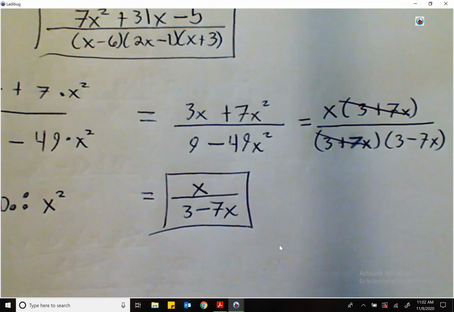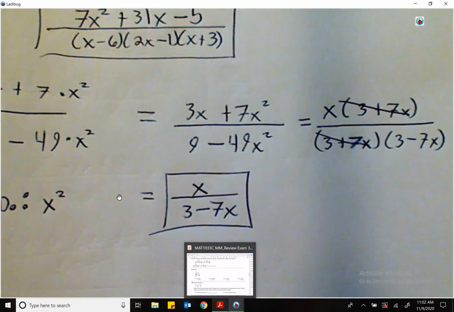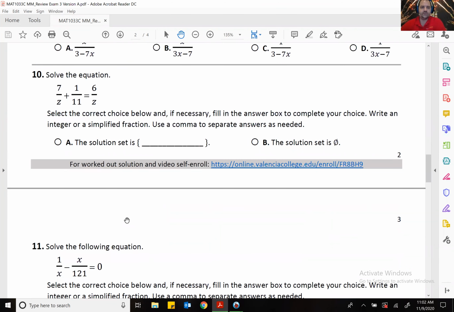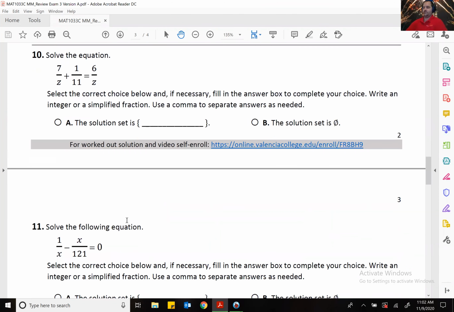Yeah. All right. So moving on to number 10. Almost done with those rationals, right here in the solving equations. All right, number 10. So we want to solve this, okay?